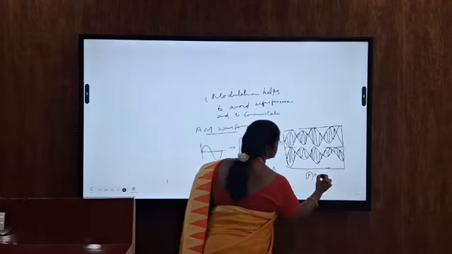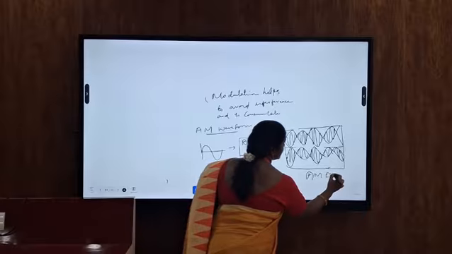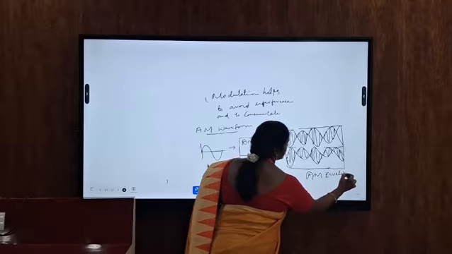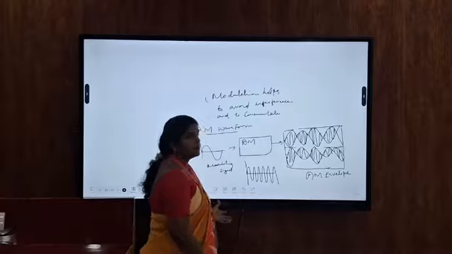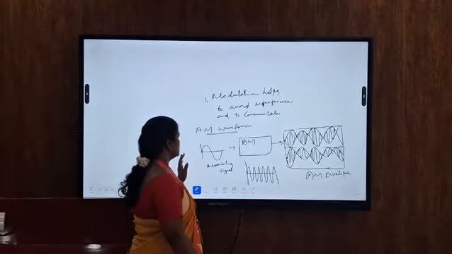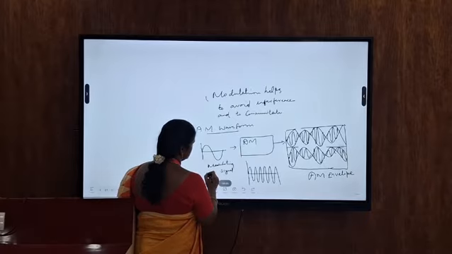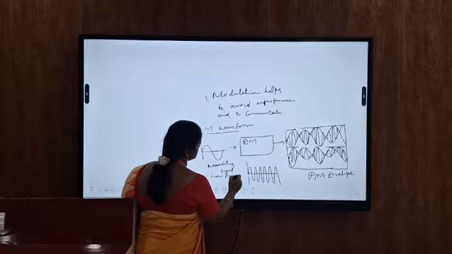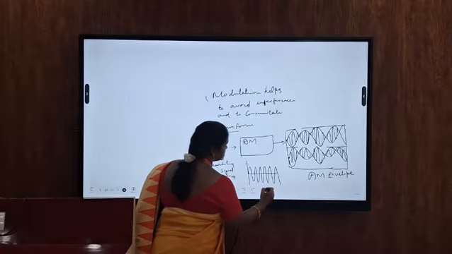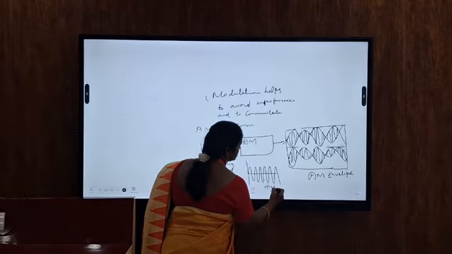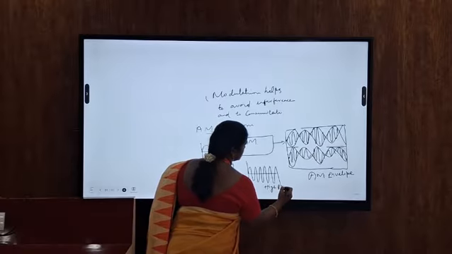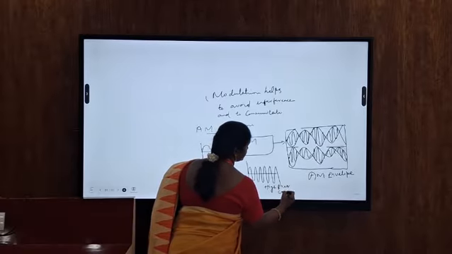This is called the AM envelope after the amplitude modulation. Here the modulating signal is a low frequency signal, and this is a high frequency carrier signal.